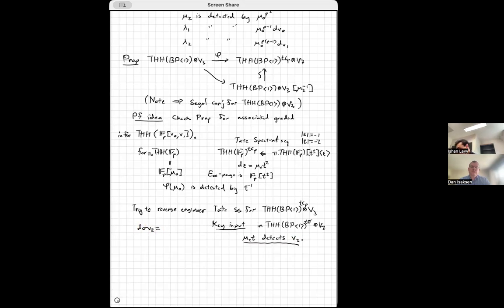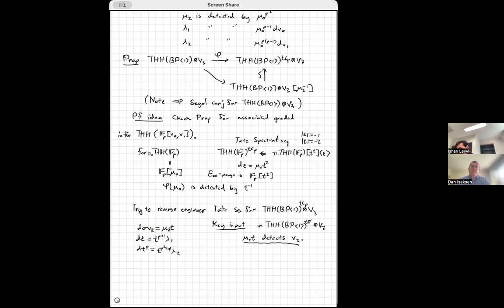But now if we know that V2 is detected by this class, then what that's saying is that the differential on sigma V2 should be mu2 times T. So this is a key differential that you need to know. But then the others you can reverse engineer and figure out that there are these other differentials that look like this. It's not so important. I'm just going to write them down. Okay, so there's some differentials like this.